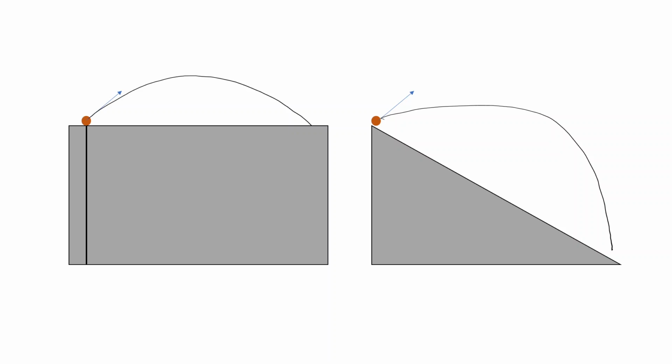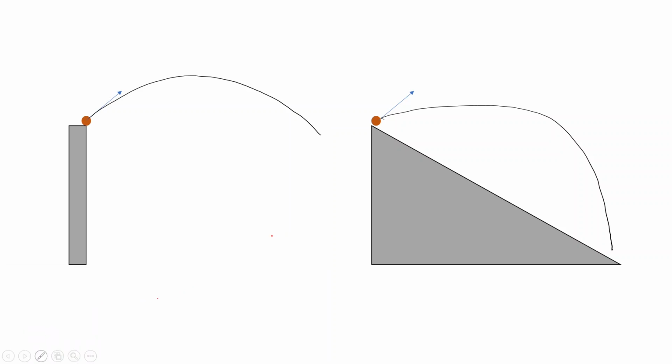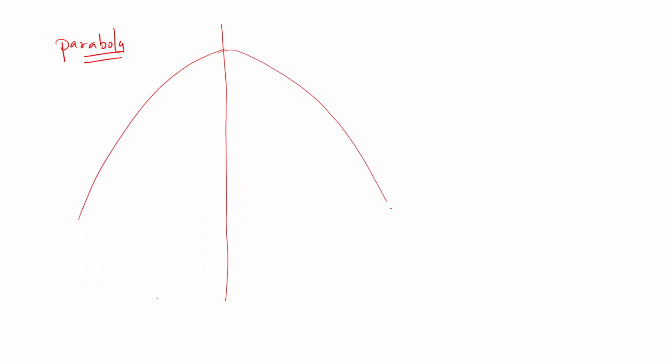Another way I can tell you about this is, let's think about this parabola. The parabola has an axis, and it is symmetric about its axis, and it goes like this.